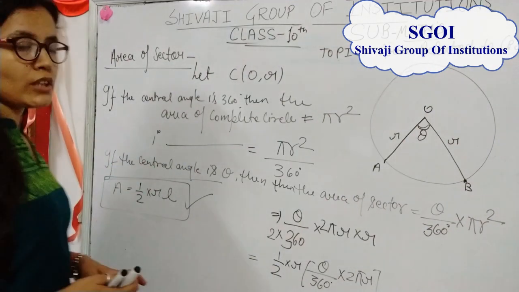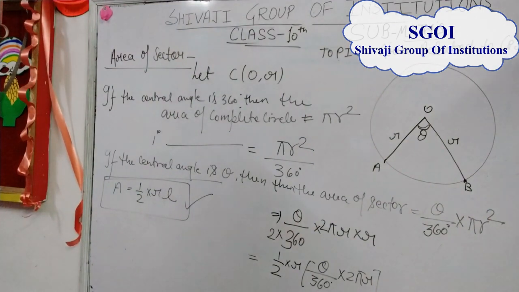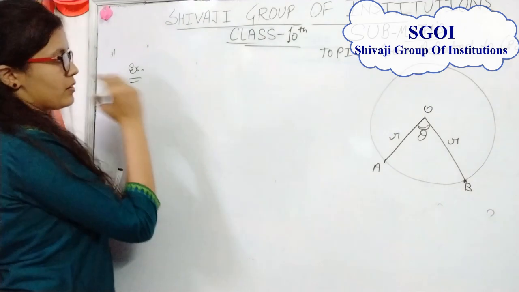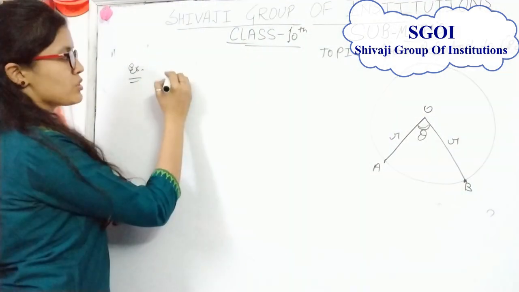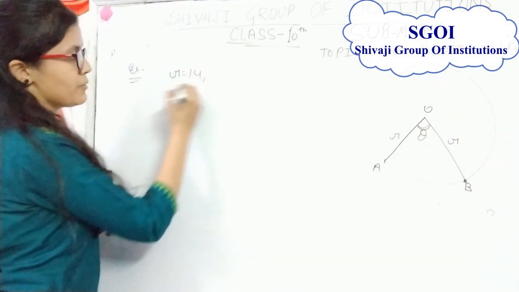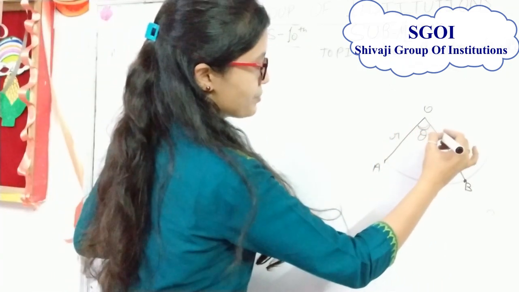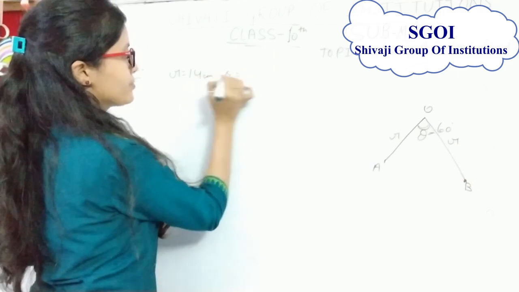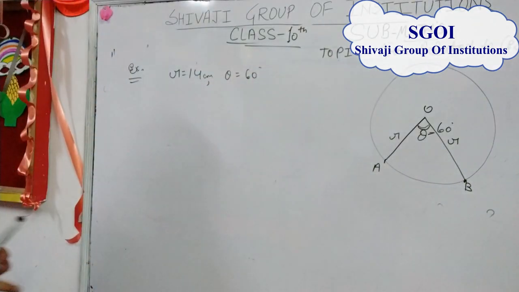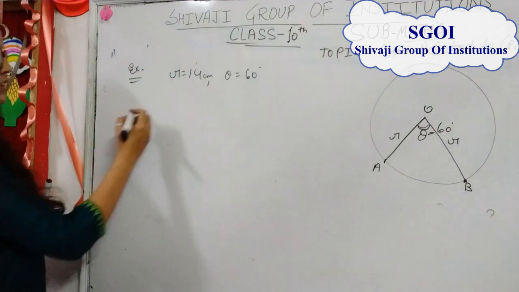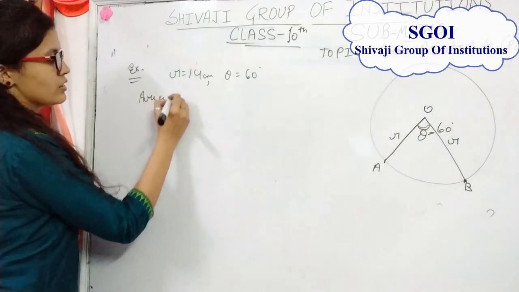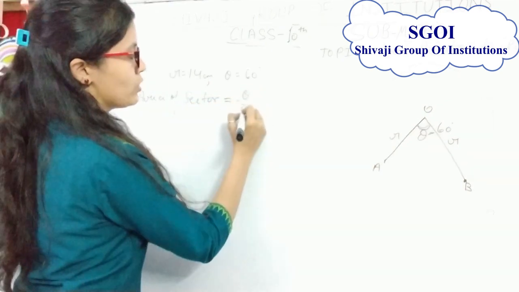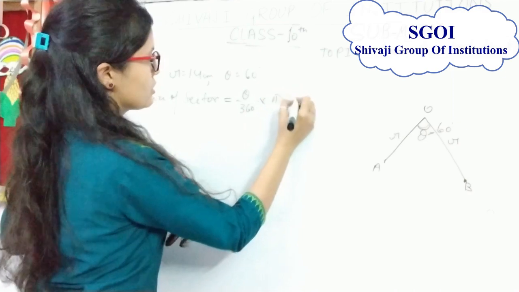Now let's solve an example of this formula. Students, one example: a circle is given whose radius is 14 centimeters and theta is 60 degrees. How can we find the area of the sector? Area of sector is equal to theta upon 360 into pi r square.